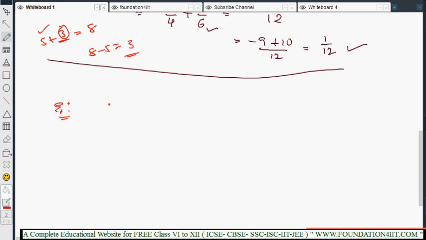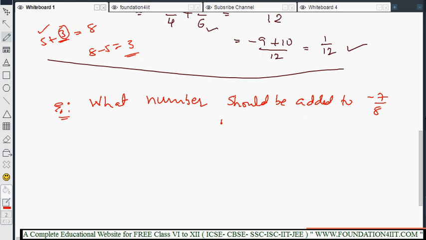So this one we'll see here. What number should be added to minus 7 by 8 to get 4 by 9?